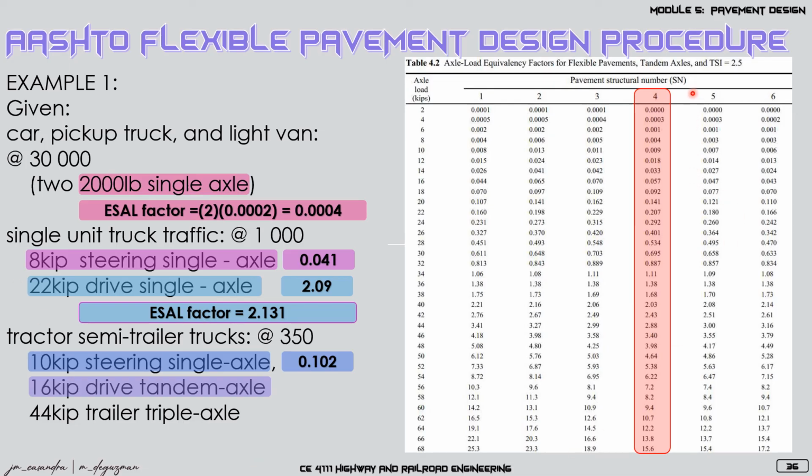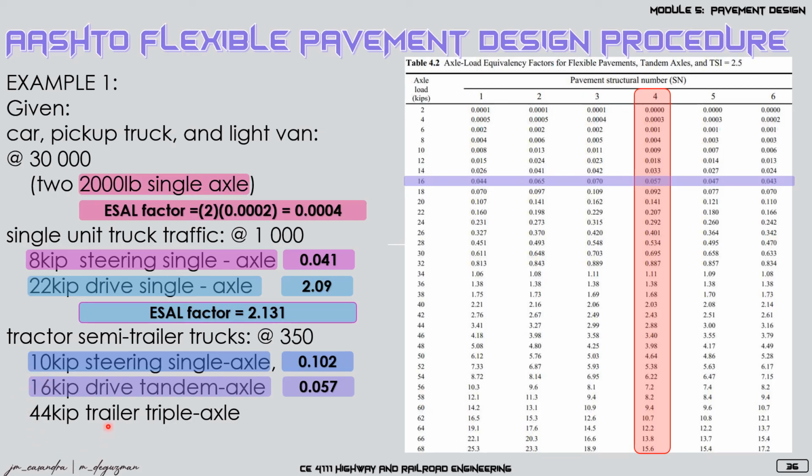Again, the structural number that we are going to use in our design, as we have assumed, is 4. So all values will be taken under SN equal to 4. So look for 16 kip. That will give us a 0.057 factor for the 16 kip tandem axle.